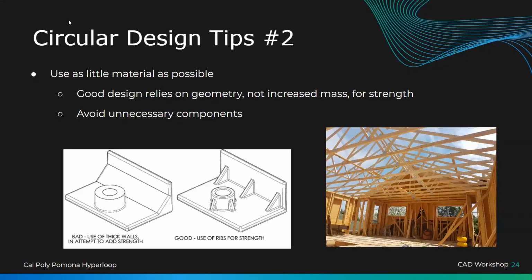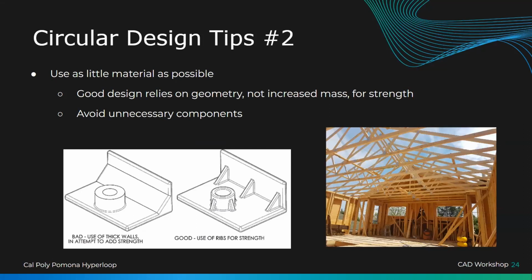And then design tip number 2, use as little material as possible. If you can increase your strength by using geometry instead of mass, that's always ideal. Avoid unnecessary components. If you're avoiding extra mass, that's less material, so you pay less as a manufacturer or designer. These are just good design principles.